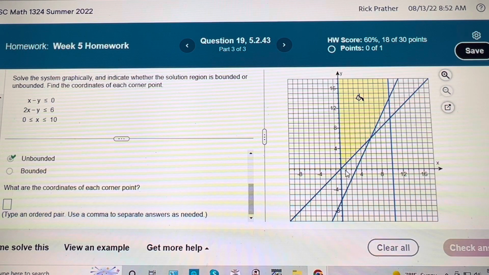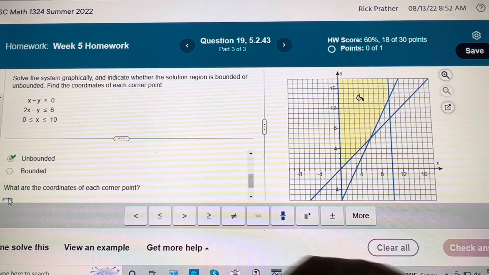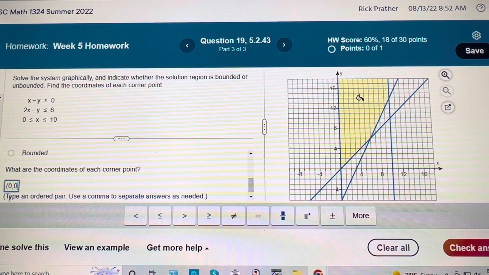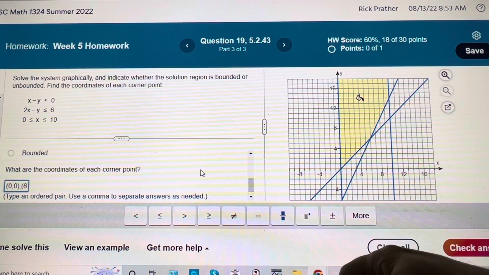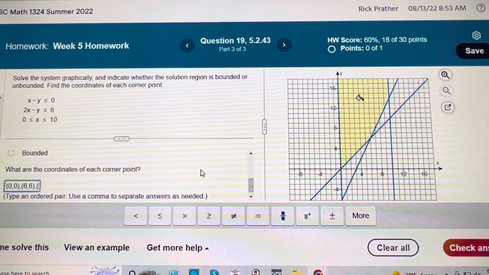And the corner point 0, 0, the origin's one of the three corner points. And then this one right there is 6 for the x and 6 for the y. And the last one's right there, 10 and 14.